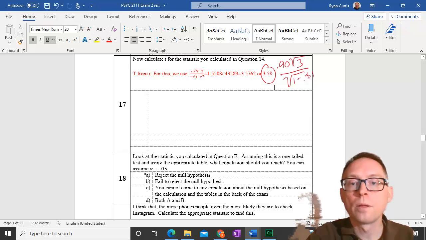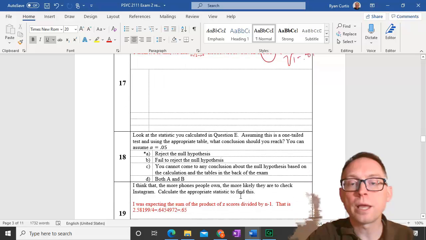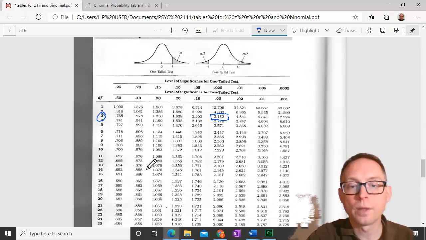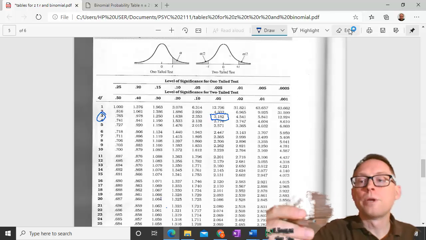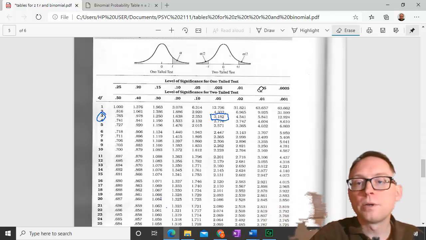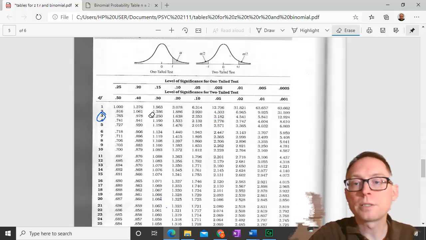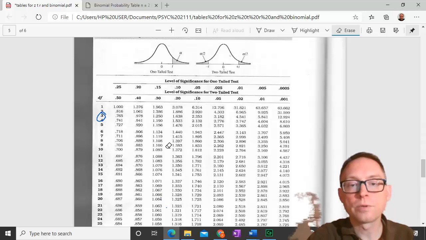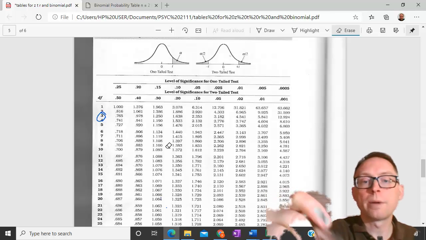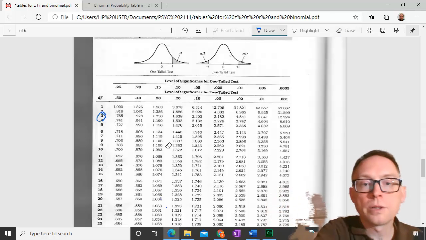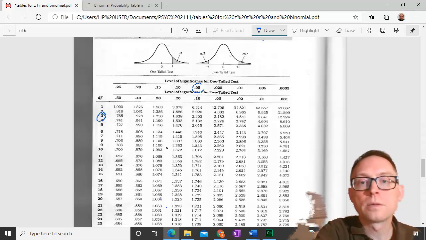the t that we barely calculated is 3.58. All right, 3.58. Now, the degrees of freedom, let's go ahead and erase this. The degrees of freedom here is going to be 3 because it's n minus 2. We had 5 people in this study, so our degrees of freedom is 3. Now, in this case, we were talking about a one-tailed test. So we need to look here at this column.